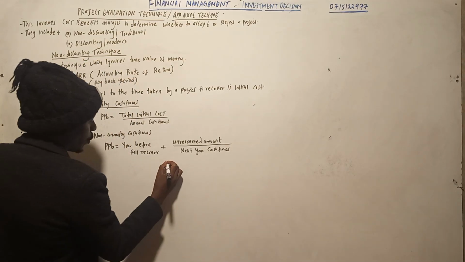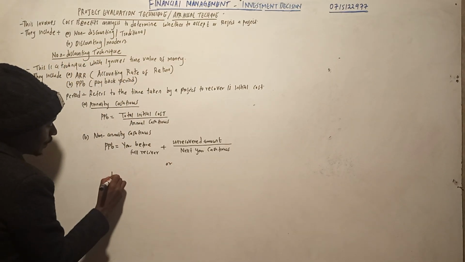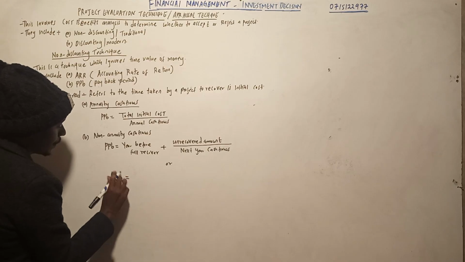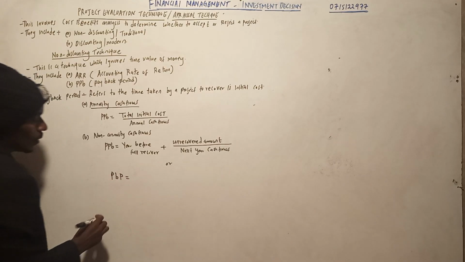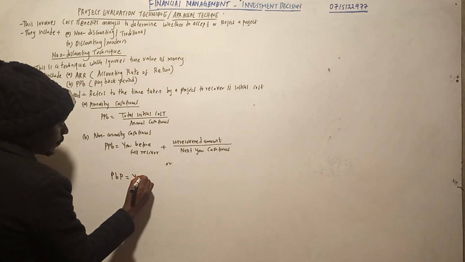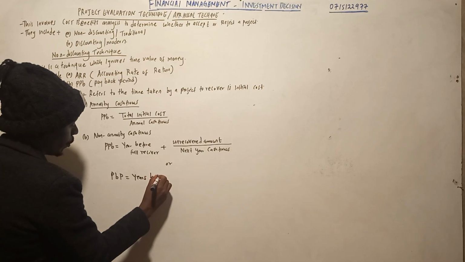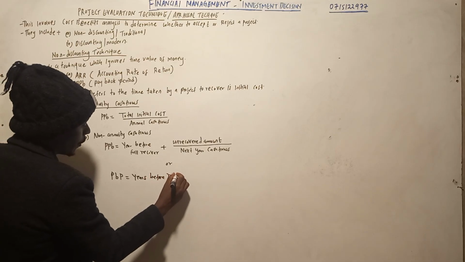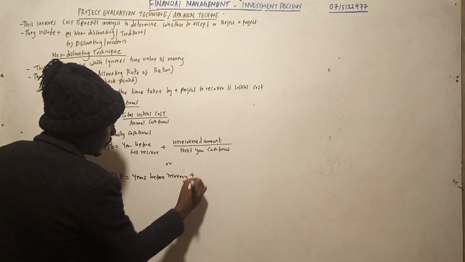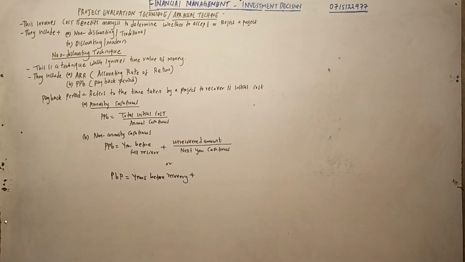Or let us see, we shall confirm if it is giving us the same answer. Payback period is equal to the years before recovery, plus, now we can do it with this.